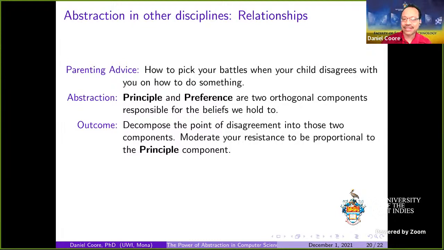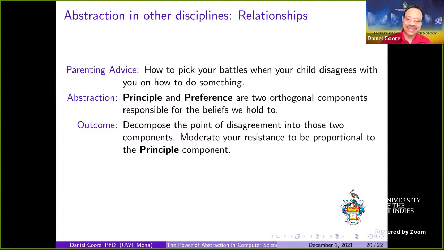Is the basis of that about your principle, or is it about your preference? And if you can think that way, then you can moderate the resistance that you provide to only be proportional to the component that's for the principle. And that kind of thinking, I think, enables us to reach that position of agreeing to disagree and reach a harmonic position in our relationships with those that are near and dear to us.